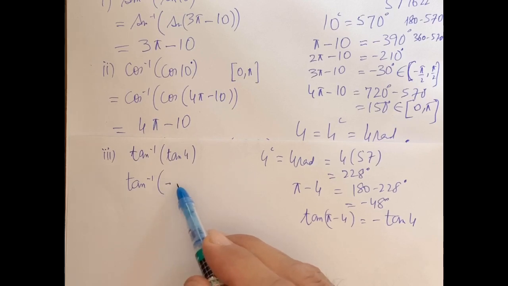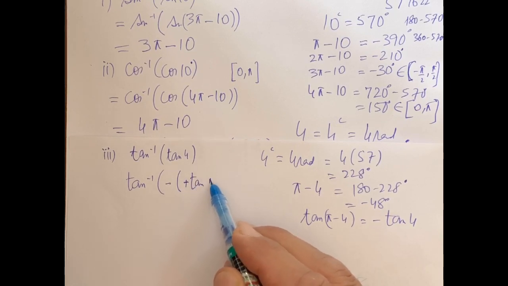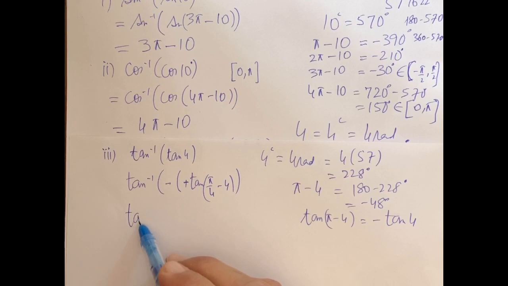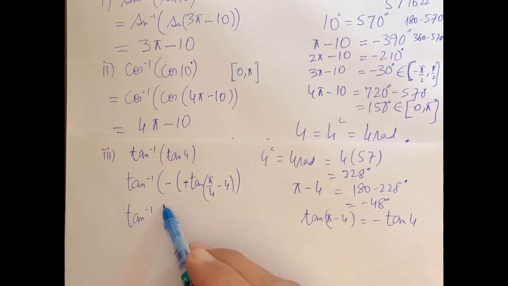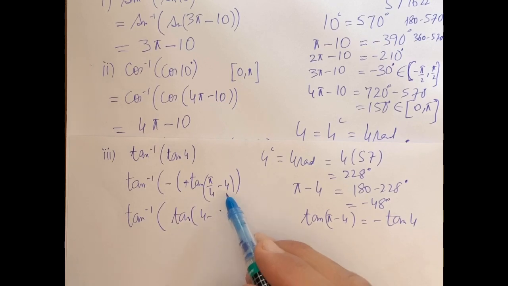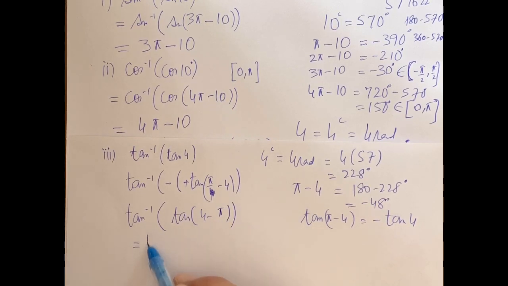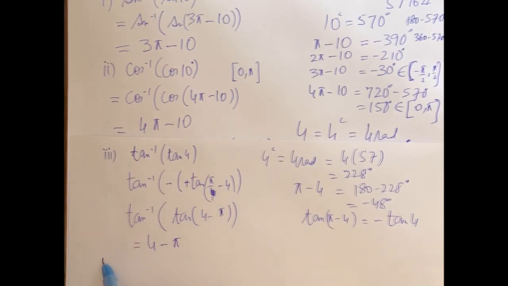So this can be written as minus of tan inverse of tan of 4 minus pi. So this will be 4 minus pi.